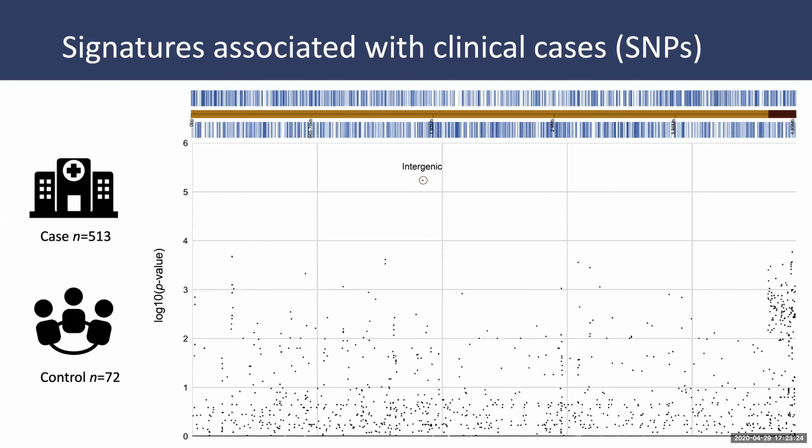The analysis was done using Pyseer, looking for enrichment of SNPs associated with case isolates. Shown here is the Manhattan plot displaying all the hits. The most significant hit that we identified was a SNP located in an intergenic region.